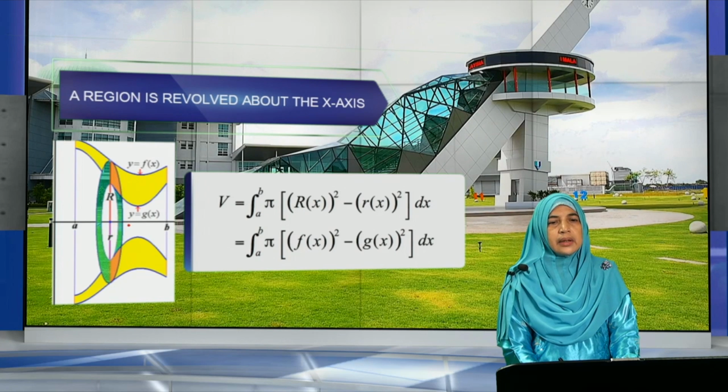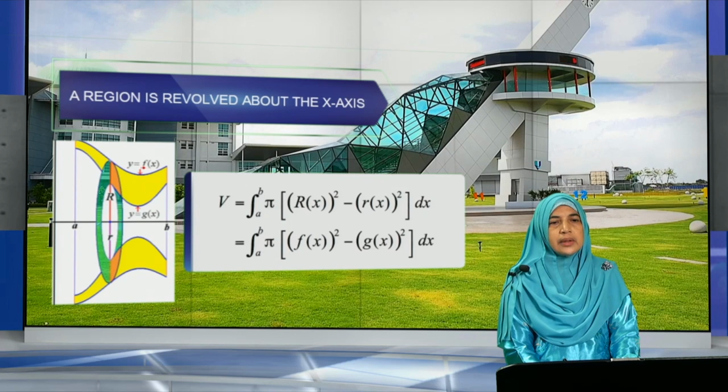Notice that the outer radius is from this x-axis to the curve here, which is y equivalent to f(x). So the outer radius will be f(x) squared. Okay. And the inner radius, notice that the inner radius is from the x-axis to the curve here, and this curve is y equivalent to g(x).